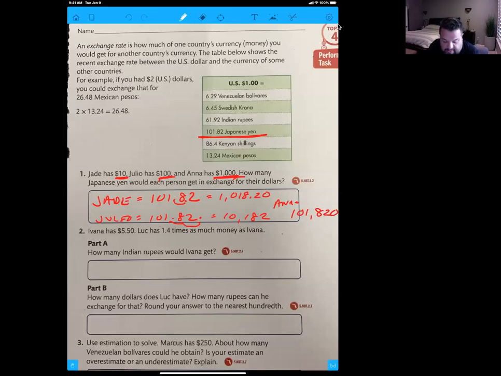How many Indian rupees would Ivana get? That's a hard problem, right? Ivana, $5.50 times the Indian rupees, which is up here, 61.92. I wrote that out. I mean, you can see it right here. I had to solve the whole thing, right?